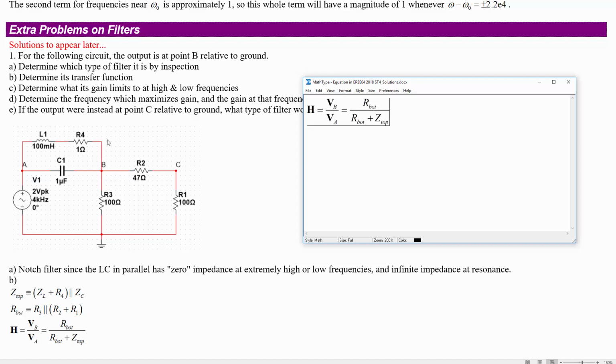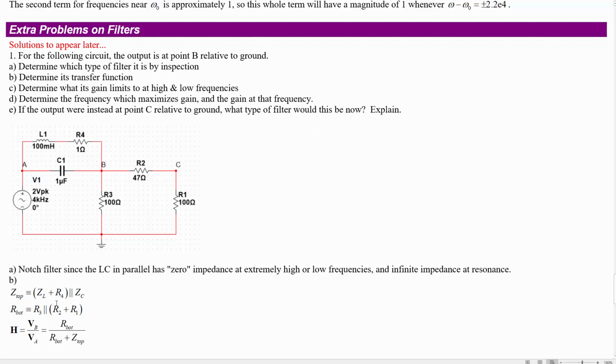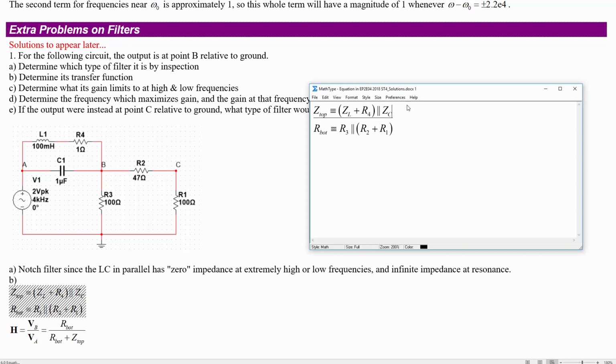R bot is just going to be one single resistor after we combine that, so there's not really a huge point in simplifying that further and then substituting in, but we might figure out the frequency dependence of this Z top term and then substitute that into the transfer function to figure out what's going on a little bit intuitively there.